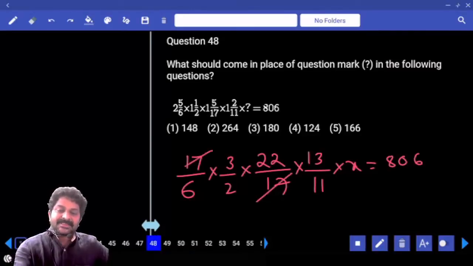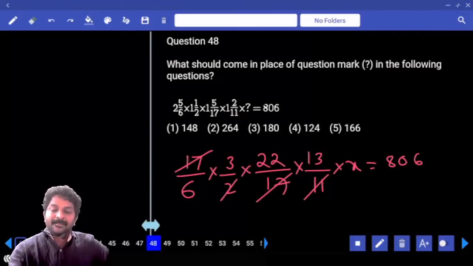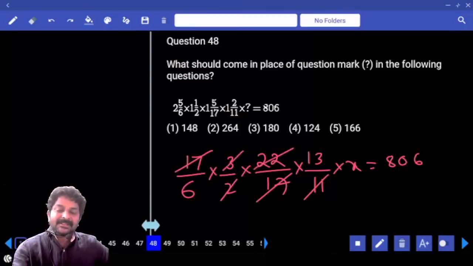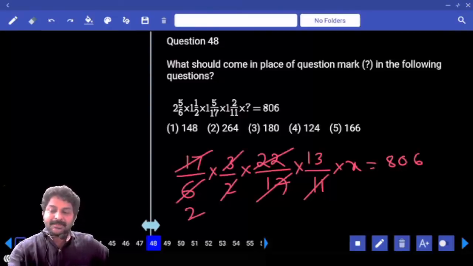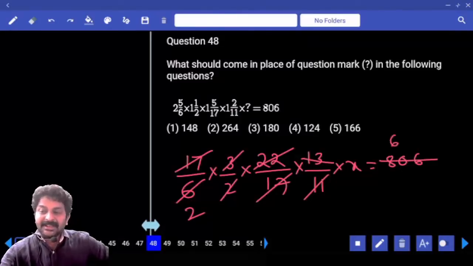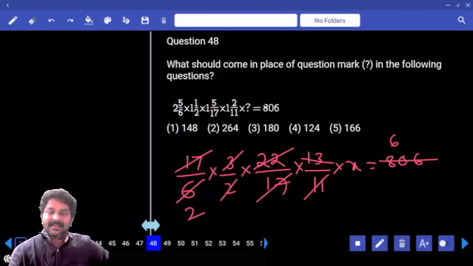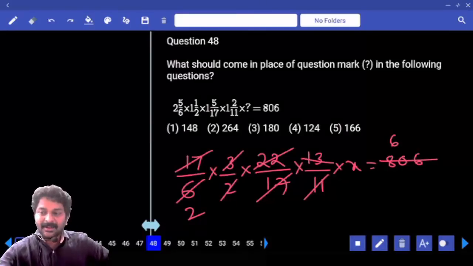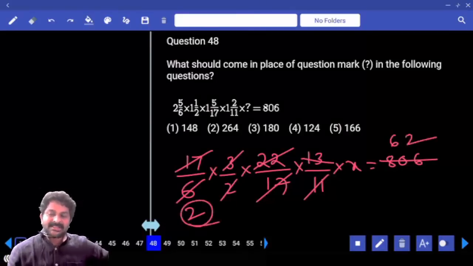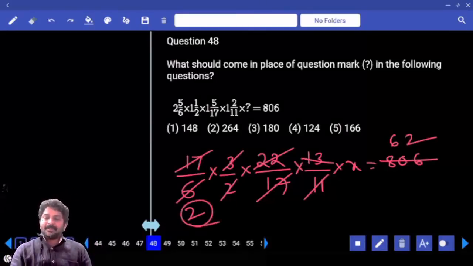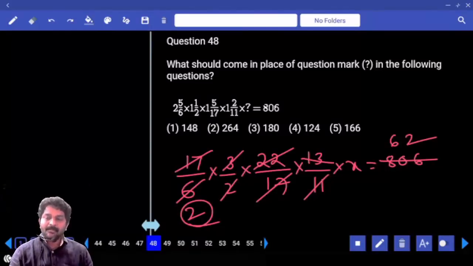First thing, 17 cancel. 2 into 11, 22 cancel. 3, how many times? 2 times. Cancellation with 13. 13 6 times, 78. And we have 26 remainder. 2 goes to the other side. 62, 2 times, 124.